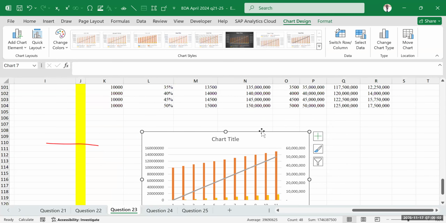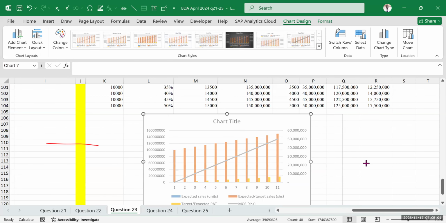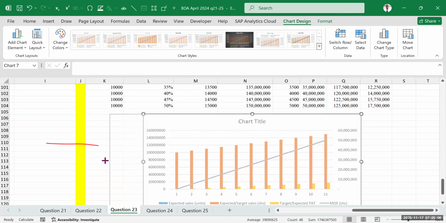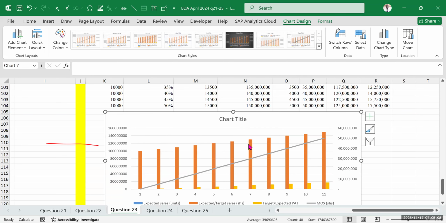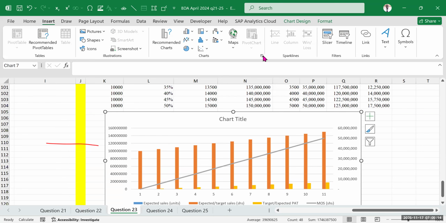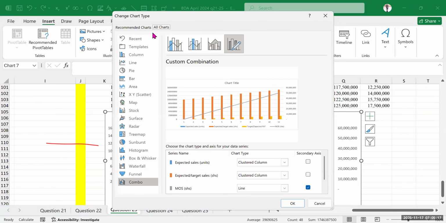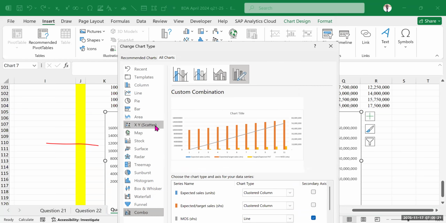How to choose that line in the margin of safety? The type of chart you are inserting is combo. Let me show you again. Insert, all charts, then you go to combo and scroll down.